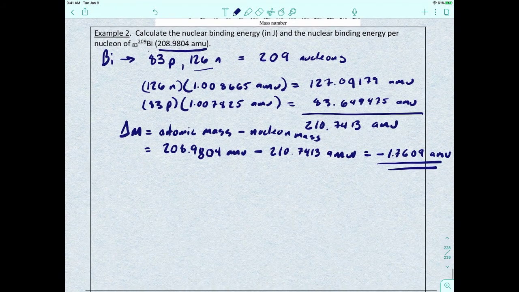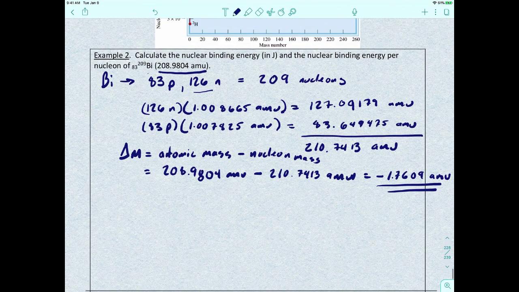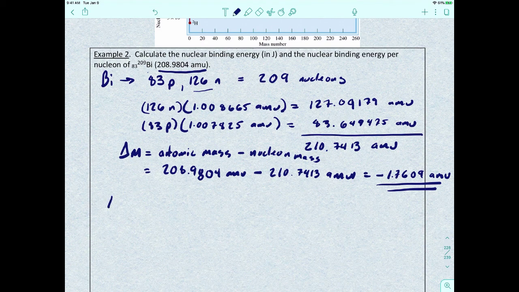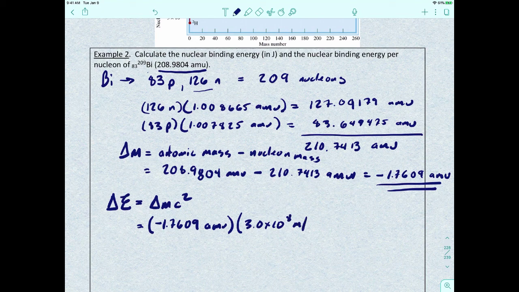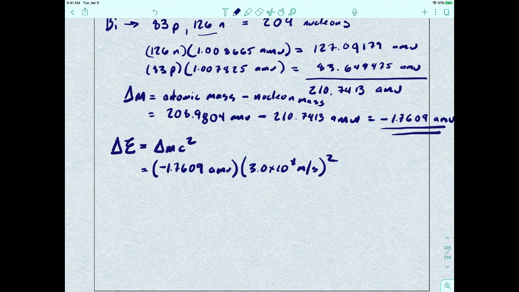Now to calculate that energy change, we use the Einstein equation: delta E equals delta M c squared. We know delta M is negative 1.7609 AMU, times the speed of light, 3.0 times 10 to the 8th meters per second, squared.